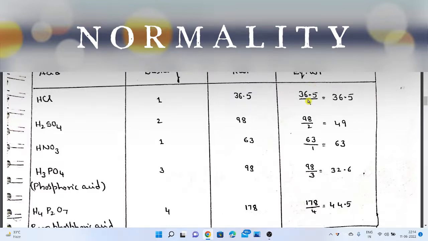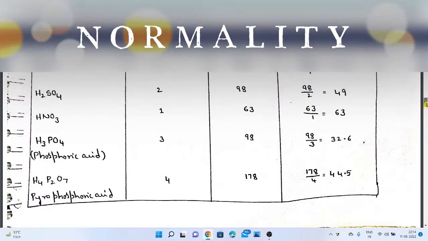Let me explain the basicity of acids with examples. Here hydrogen chloride. The basicity of hydrogen chloride is 1 because the number of replaceable hydrogens in the acid is 1.